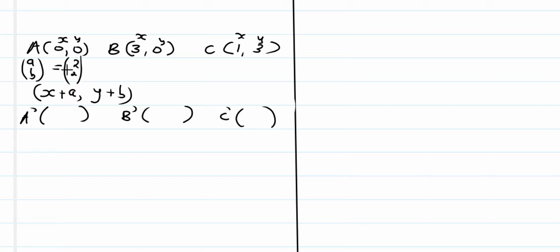In our case, for A, x is 0 and a is 2, so 0 plus 2 is 2. For y, it is 0 plus 2, because the translation vector is 2, which is also 2. Then we repeat for B: 3 plus 2 is 5, and y is 0 plus 2, which is 2. For C, we have 1 plus a, which is 3, and y is 3 plus b, so 3 plus 2, which is 5.